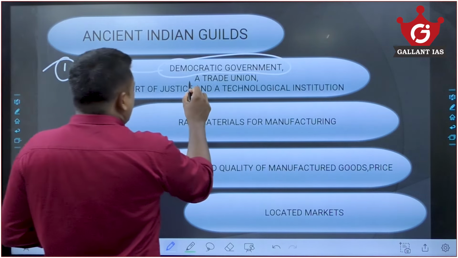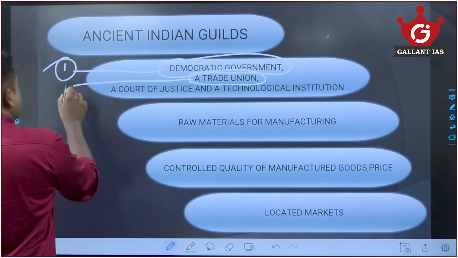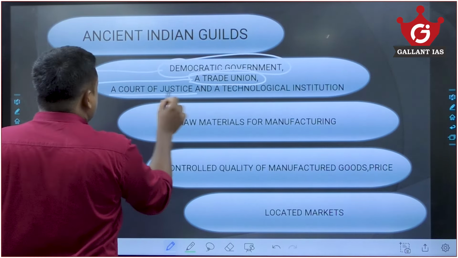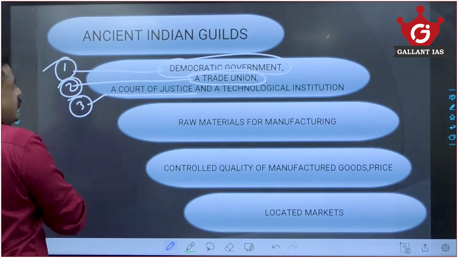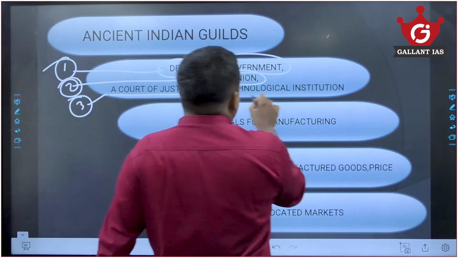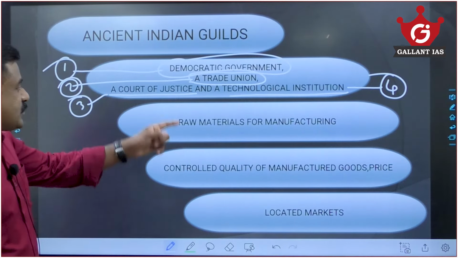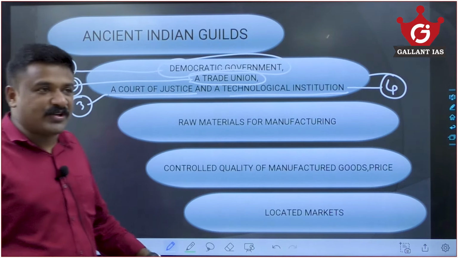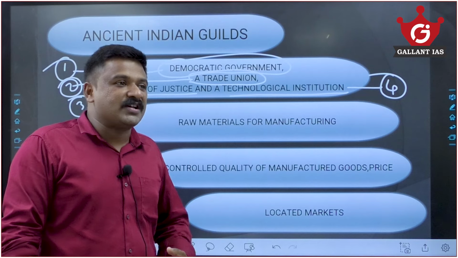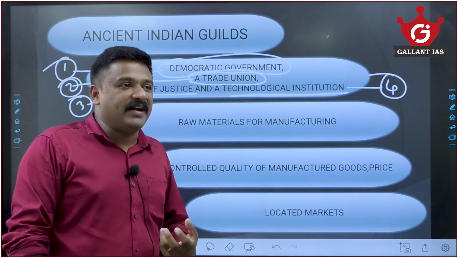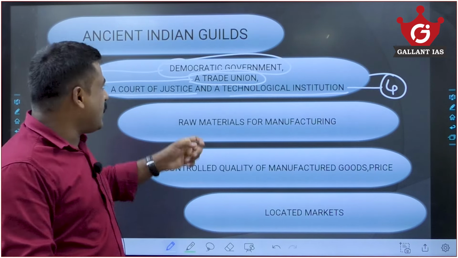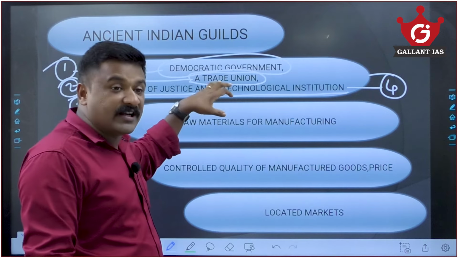It was a trade union. It was a court of justice, and it was a technological institution. So just look into this, different functions played by these ancient Indian guilds.